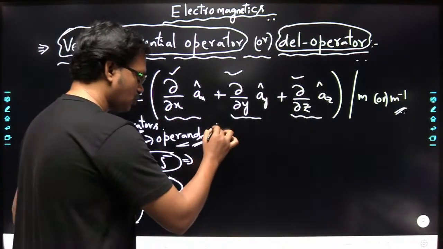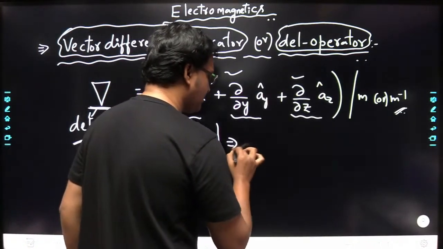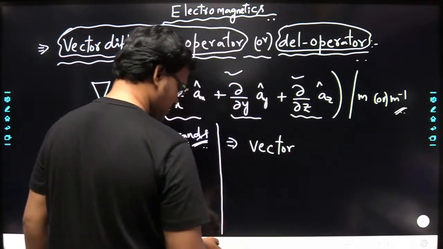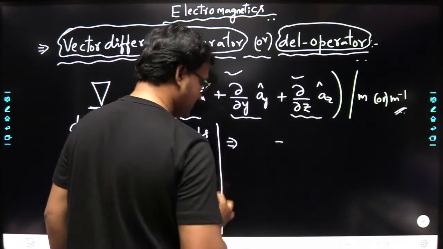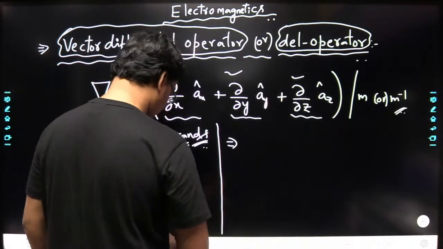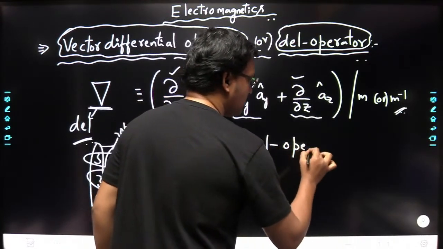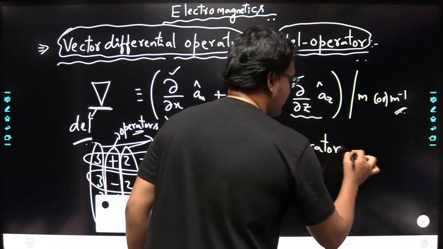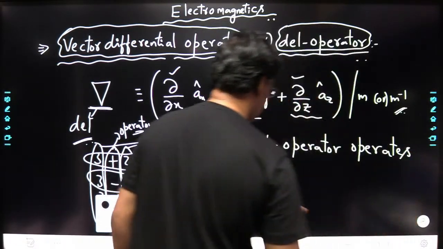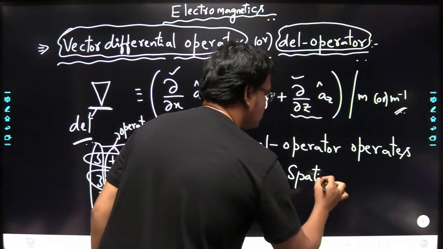Okay, so note down that point here. What is that point here? Vector differential operator, or I can simply write the del operator. Okay, so the del operator is nothing but the vector differential operator. So the del operator operates on a spatial function.